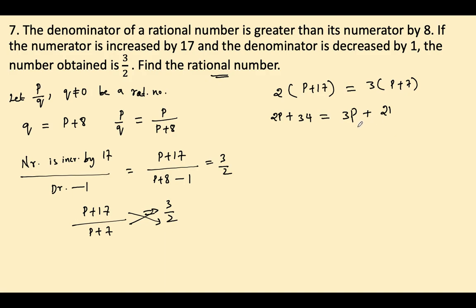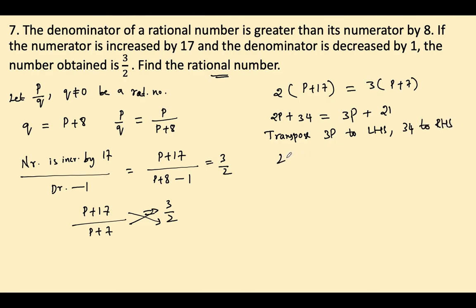Let us now transpose this 3p on the right hand side towards the left hand side and the 34 on the left hand side to the right hand side. That is, I want to bring all variable terms to one side and all constant terms to the other side. So transpose this 3p to the left hand side and 34 to the right hand side.